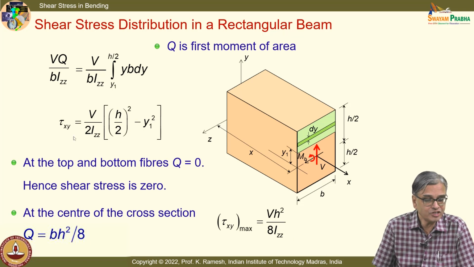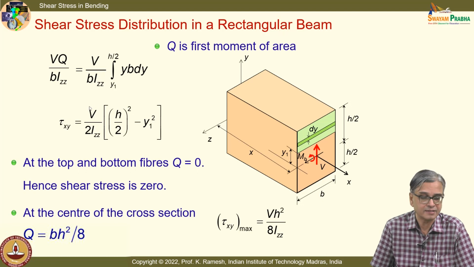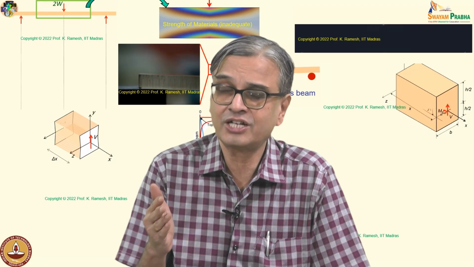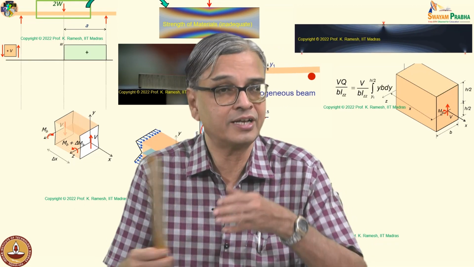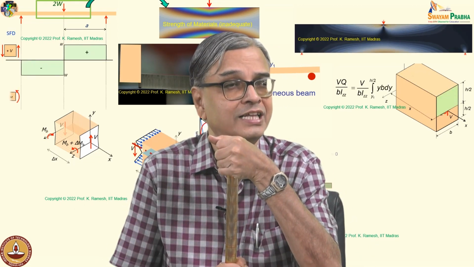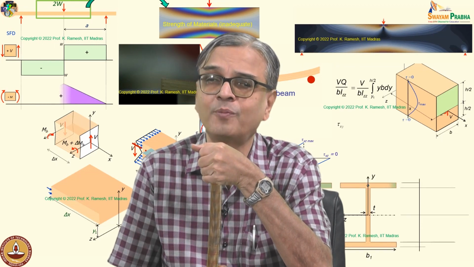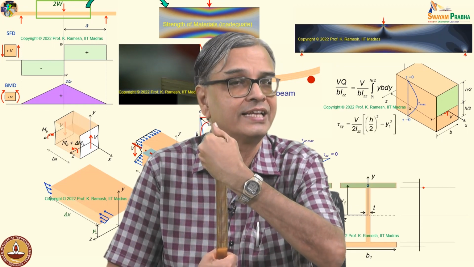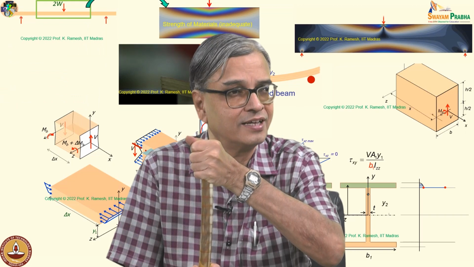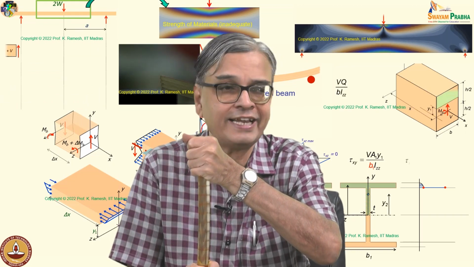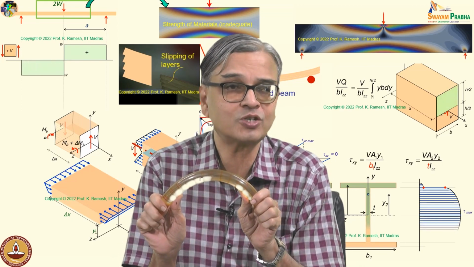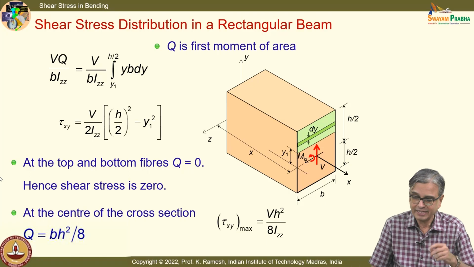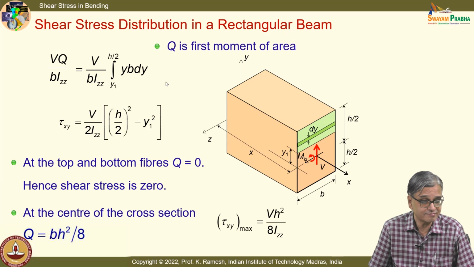And what is the nature of variation? See, in the case of uniaxial tension, the stress transmitted was uniform across the cross section. In the case of twist, we found the shear stress was varying linearly. In the case of bending, the bending stress was varying linearly. There is a difference.